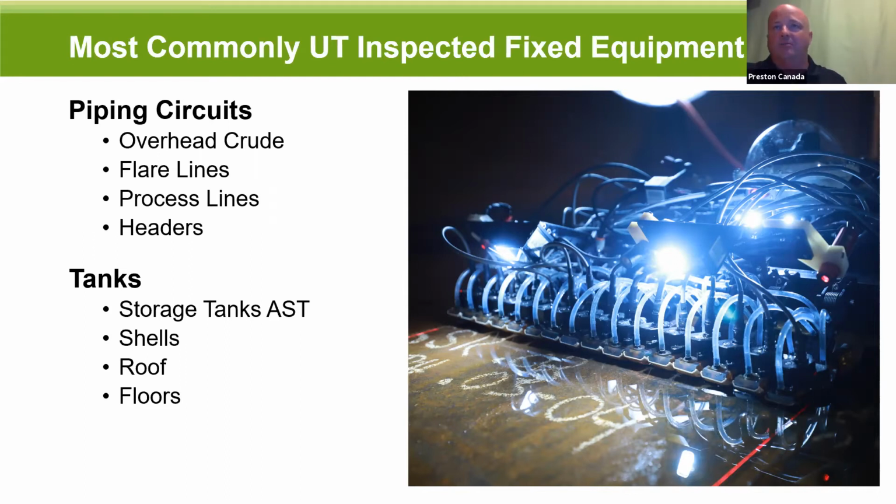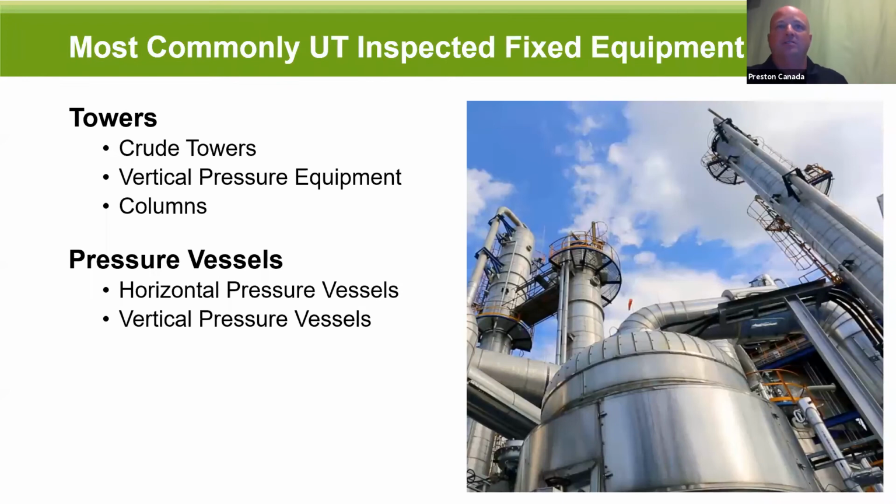So these are common fixed equipment assets that we inspect with RUG. We have piping circuits, overhead crude lines, flare lines, process lines, headers, atmospheric storage tanks, the shells of them, the roof, the floors, towers, crude towers, vertical pressure equipment, columns, pressure vessels, horizontal and vertical, bullet tanks.